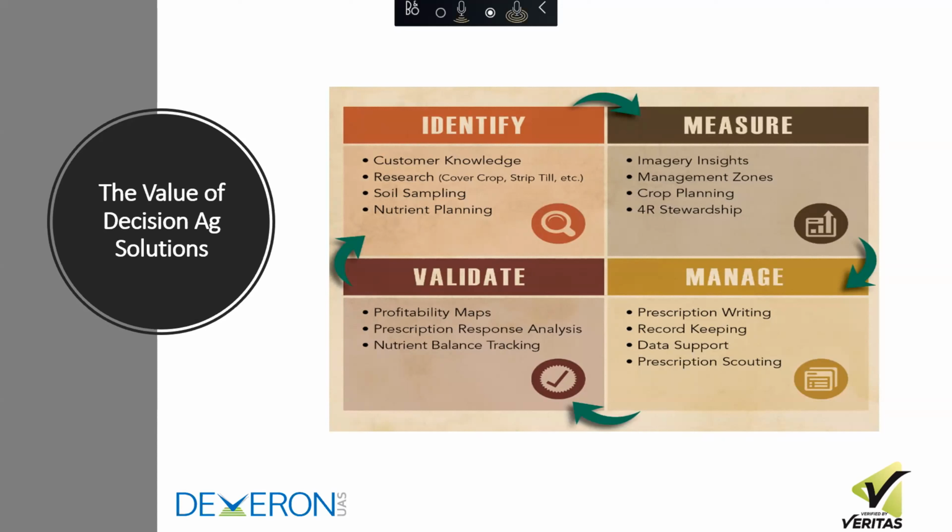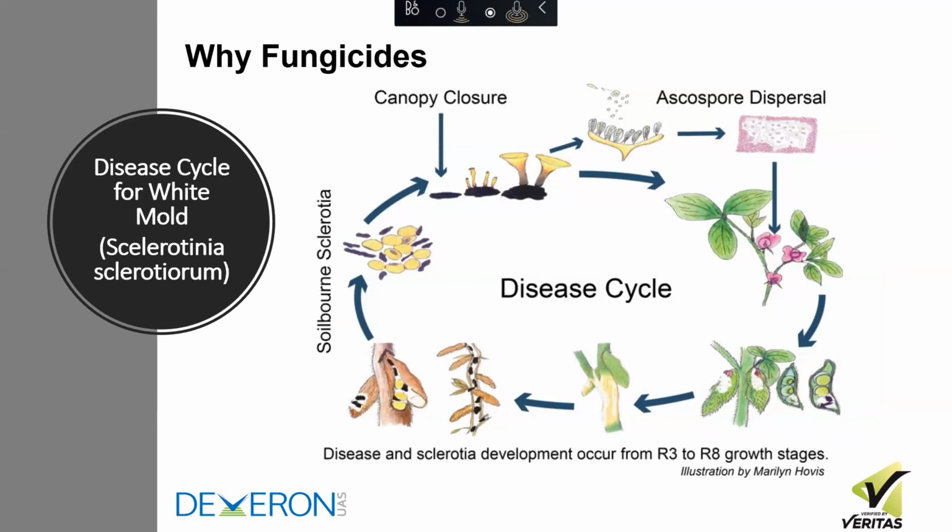That's where we're trying to work with growers, agronomists and ag retails across North America to help provide that validation piece, where we're able to analyze those prescriptions you've created to see if what you're actually doing to manage those issues is working, and also look at your nutrient levels, making sure those are working well, and your ROI for your management. I'll now hand it over to Aaron, who's going to look at the agronomic benefits of the fungicides as well as the disease control and stress management.